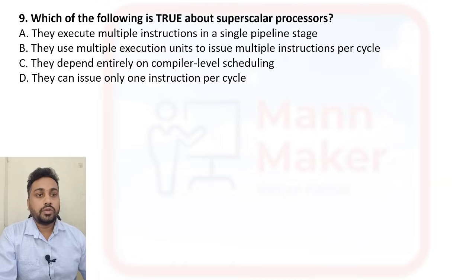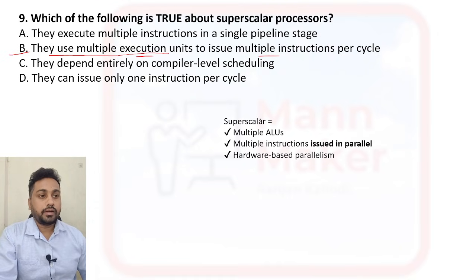Which of the following is true about a superscalar processor? If we talk about a superscalar processor, here they use multiple execution units to issue multiple instructions per cycle. This is the correct thing about a superscalar processor.